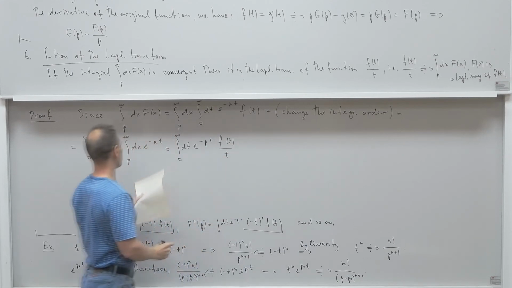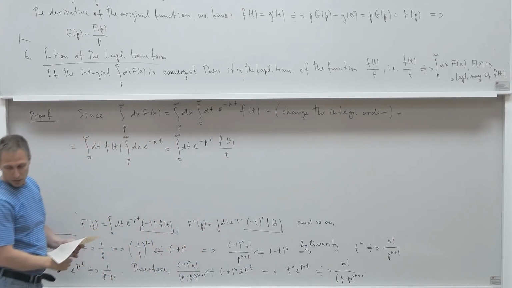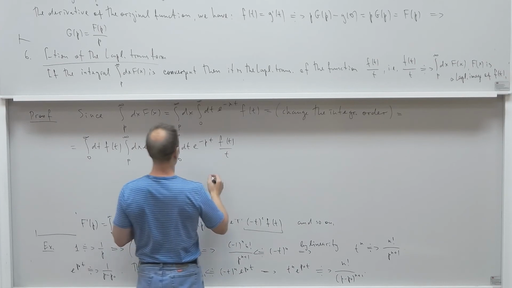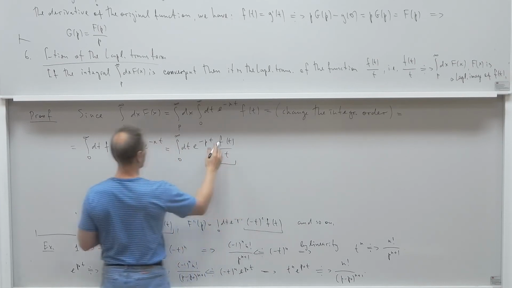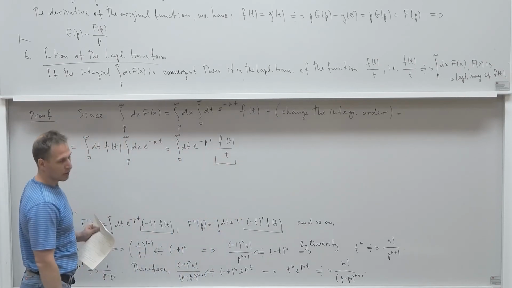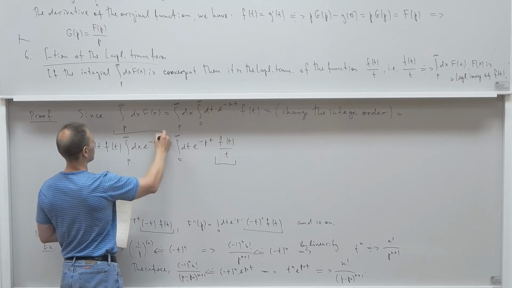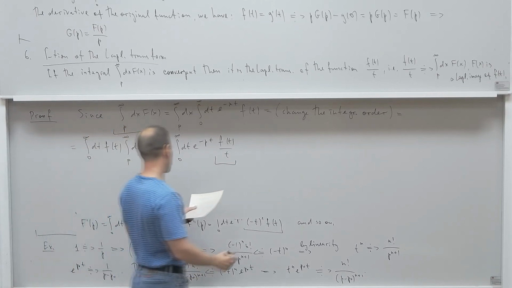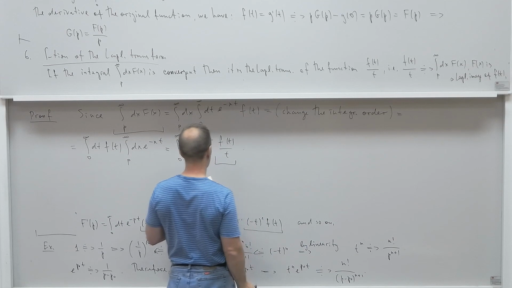It is equal to 1 over t. And so we see that this function f small over t is Laplace transformed into this function. Thus, the theorem is proved.